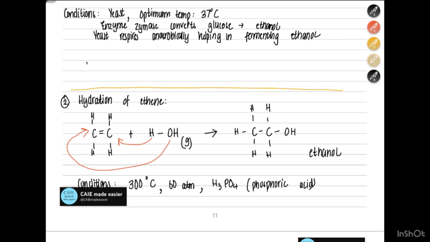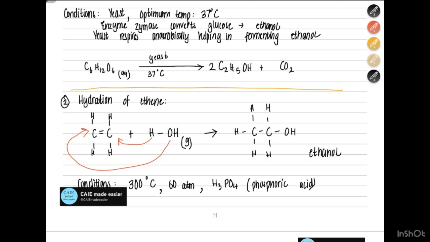The equation for fermentation. So glucose is going to be C6H12O6. This is aqueous. So in presence of yeast and 37 degrees Celsius. So basically the conditions are yeast at 37 degrees Celsius. Now enzymes is present in it, right? That is responsible for converting glucose to ethanol, but the conditions are yeast, and at 37 degrees Celsius we get C2H5OH plus carbon dioxide.